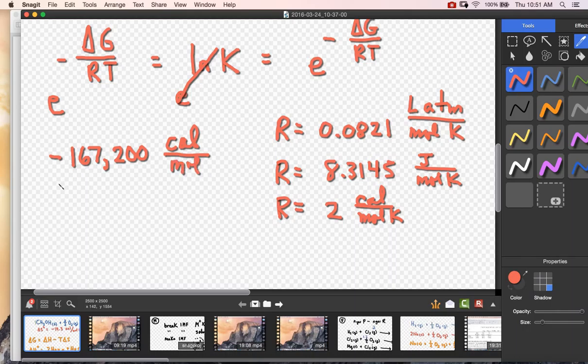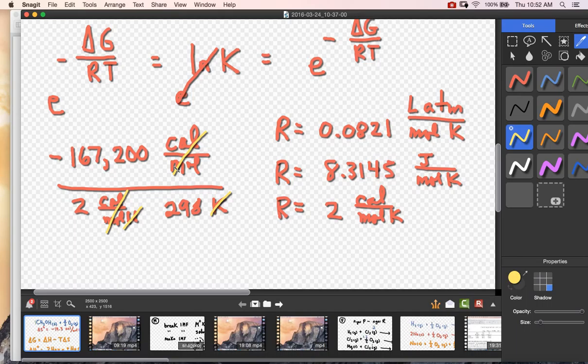And this is important because when I divide this by R, 2 calories per mole Kelvin times 298 Kelvin, when I do an exponential, I cannot have any units. Remember from class that K, big K, the equilibrium constant, is a dimensionless quantity. So the kelvins cancel in the numerator, and the calories per mole cancel in both the numerator and the denominator.